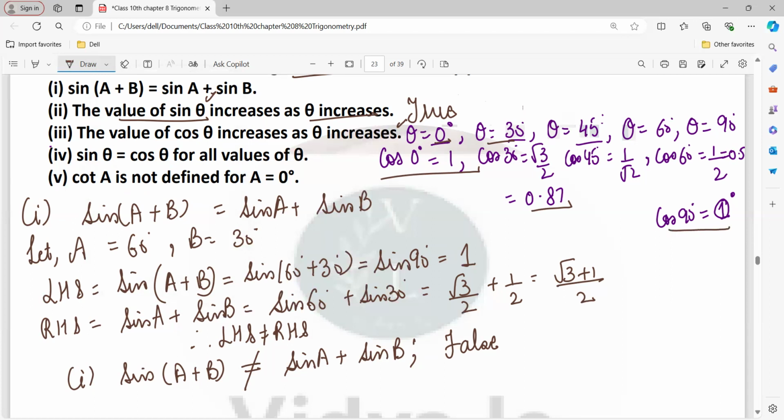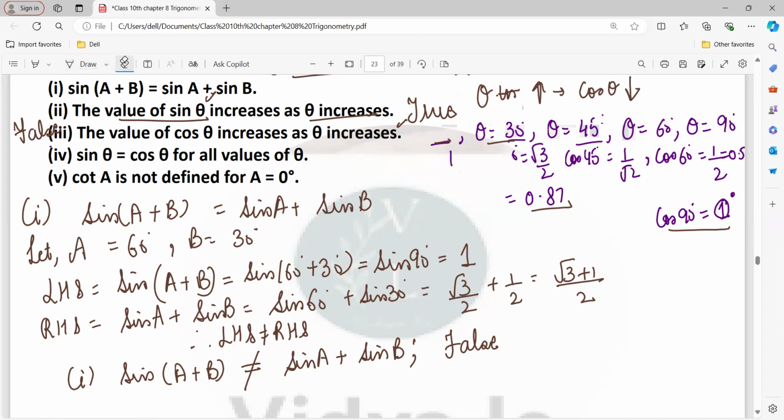So for the minimum value, we got 1. For 90 degrees, we got 0. So here the order is reversed. That is, with the increase in theta, cos theta is decreasing. So the third part is false. Is it clear? Wonderful.